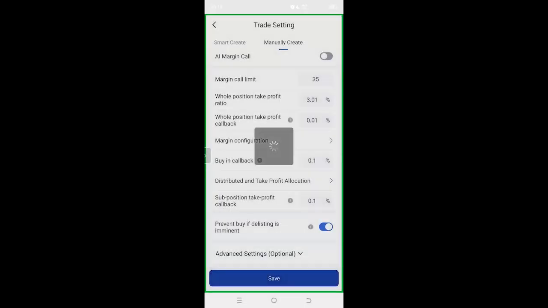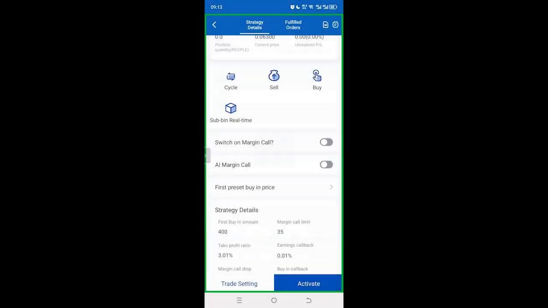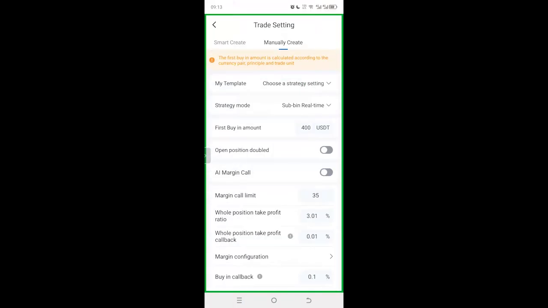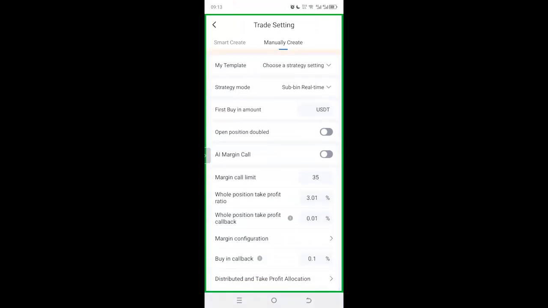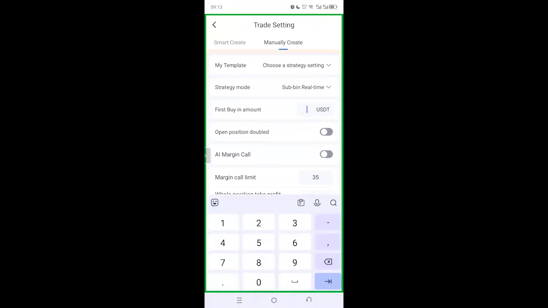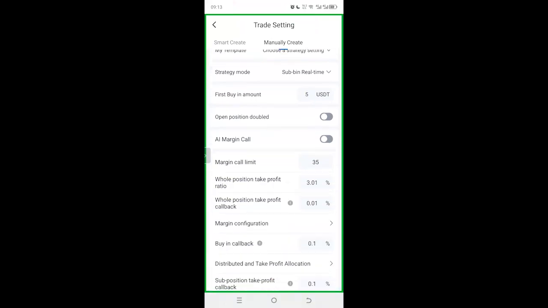What will I do? Okay, come back to my trade. My first buy-in amount, I am going to put, even if you see, I have learned to utilize all of this. See, I even put 5 here.